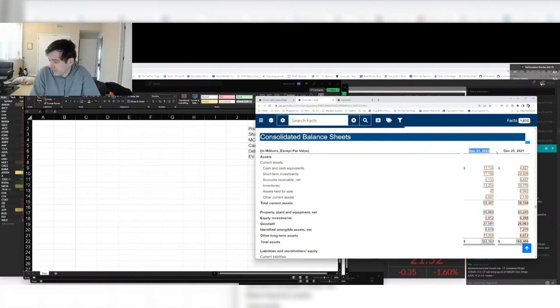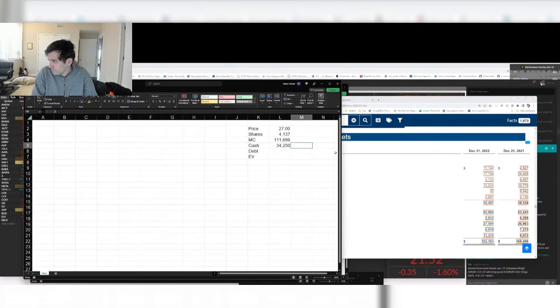We want the most updated cash balance of the company, and that is available each quarter. So the most recent one is available for this quarter, so we can get that added up. Looks like 34 billion, roughly.